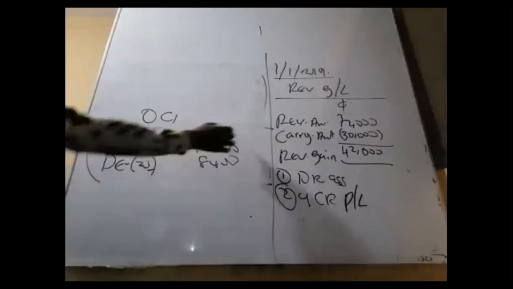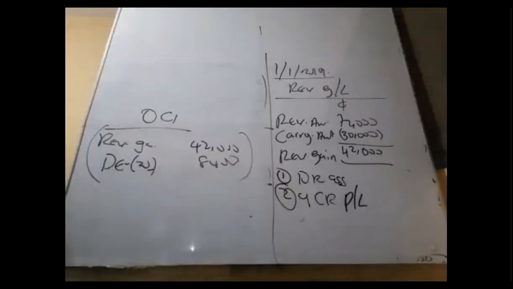That's all. And don't forget that whatever enters OCI also goes to the statement of changes in equity. So again, reflect it in changes in equity. Good. So that is that.